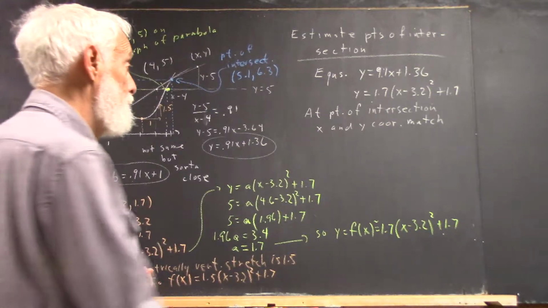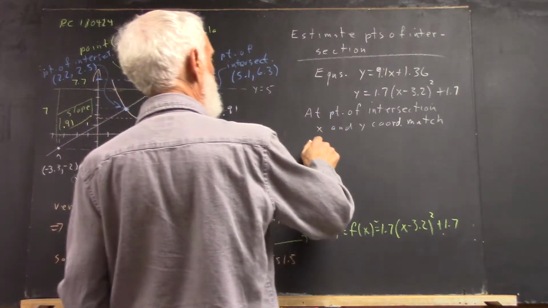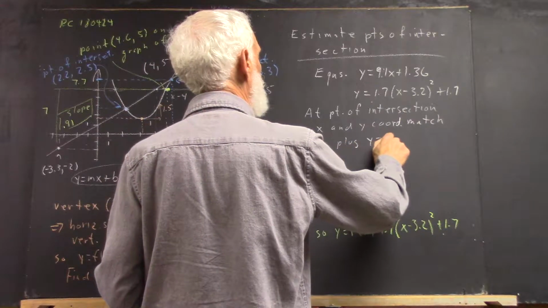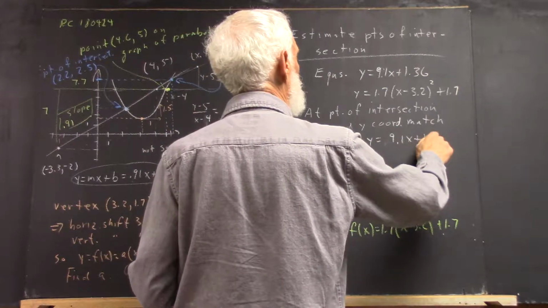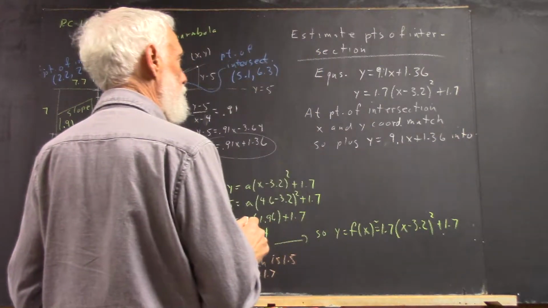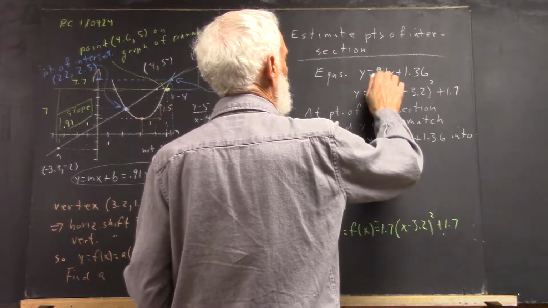Hey, Mr. Smith? I think it's supposed to be 0.91, not 9.1. So plug in y equals 0.91x plus 1.36. Yeah, you're right, I started to write it right here.